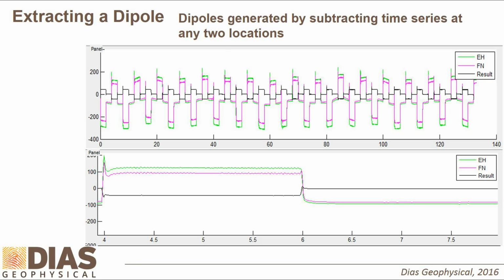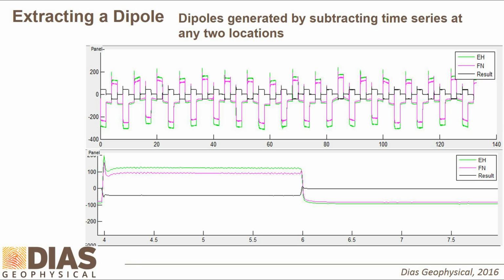EH and FN are the two nodes, and you subtract the two and you end up with the result. So you can see some relatively long period noise running through the data set. You can see when you subtract, that noise cancels out. It's one of the advantages of the common voltage reference that any noise in that common voltage wire will entirely cancel out.